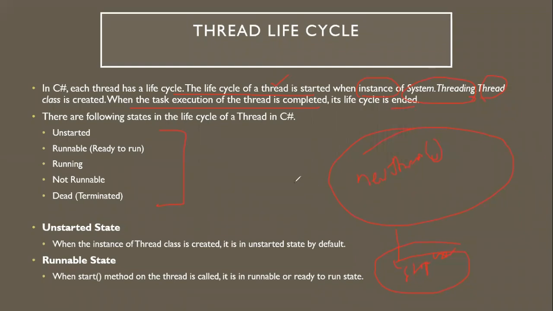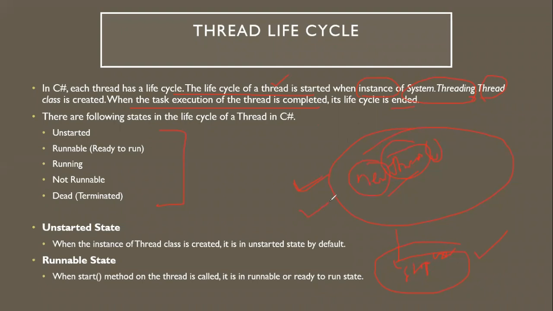So the birth of a thread is when you create an instance of the thread. And how do we create an instance? By using the new keyword and the class name. So when we create an instance of the thread, we have given birth to the thread cycle. And when the thread stops executing, that is where we consider it as the end state of this particular thread.